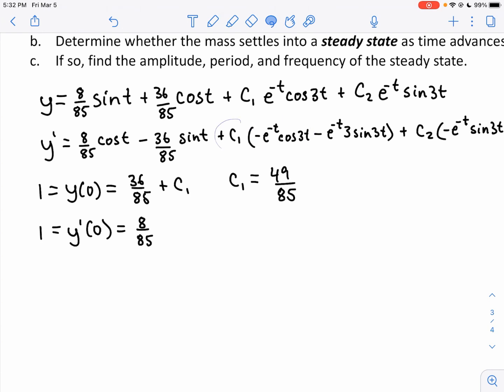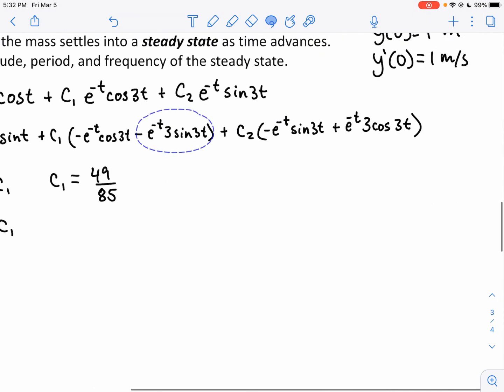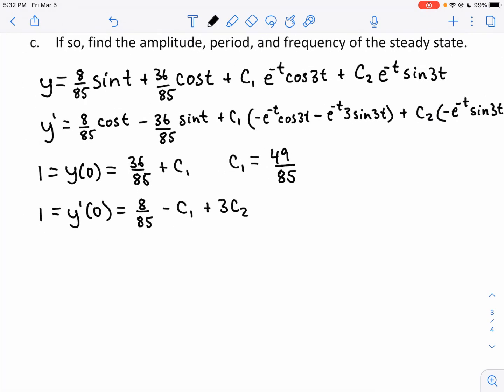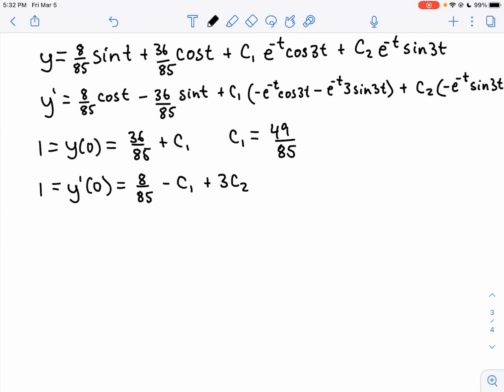So this is a negative 1 times c1, so minus c1. And then that's zeroed out. This is going to 0 away, but this is going to be a 1. This is going to be a 1, so we do have a 3 here, times a c2. So 3c2.